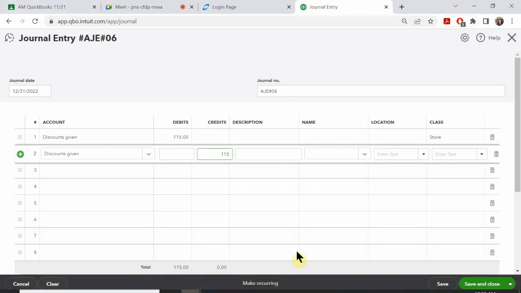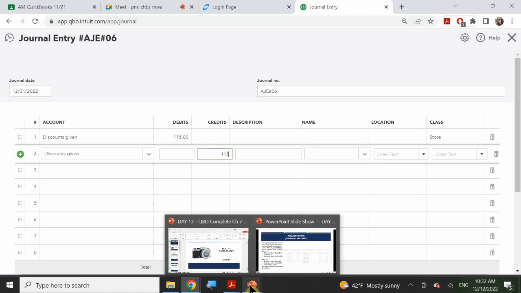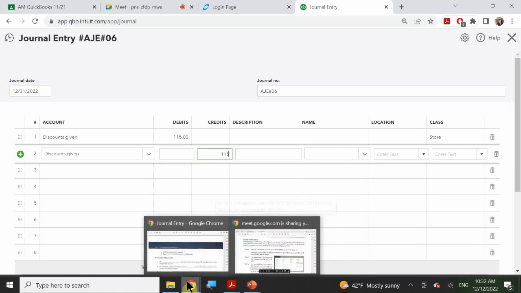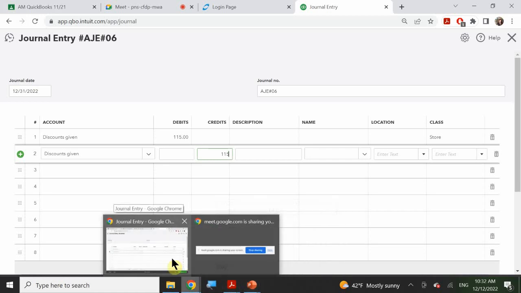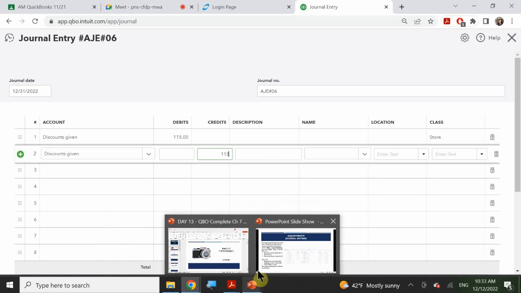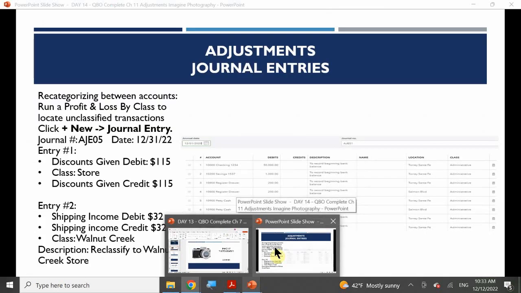All right. And then you could choose whether to go ahead and save this entry here, or you could go ahead and also do your second entry in there, since you're going to adjust them anyways for shipping and income. Shipping and income is an expense.